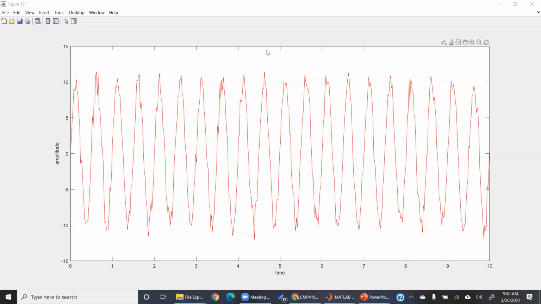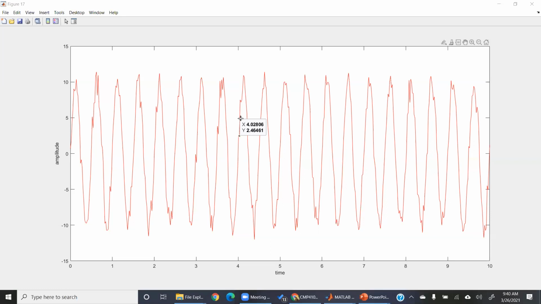Okay, so there we go. This is a noisy signal, and in future we will want to work backwards. If you're given a noisy signal, can you, for example, figure out the highest frequency in that signal?